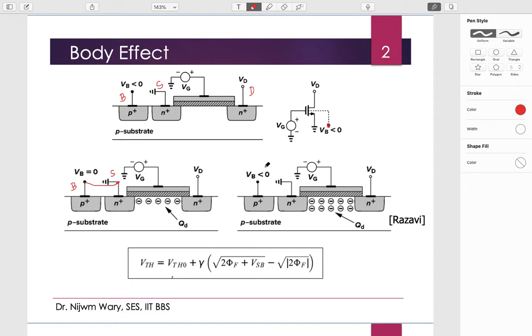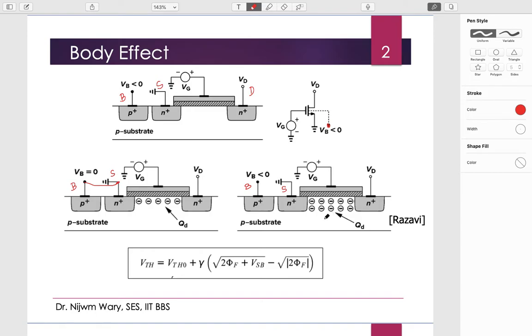But whenever the bulk is at a potential lower than zero compared to the source, what happens when the bulk is at negative potential? This will be repelling the electrons, and because of which, as we discussed last time, the depletion charges will increase.